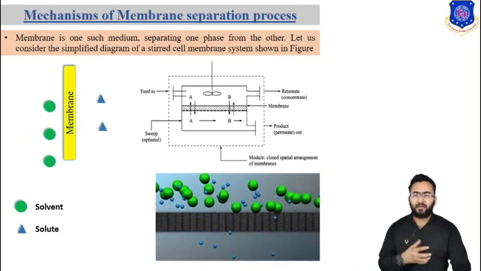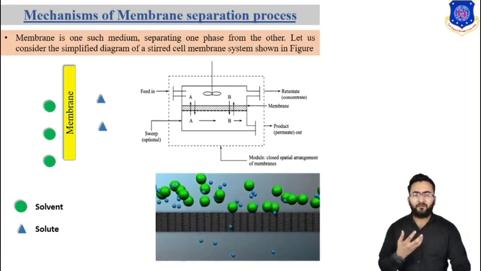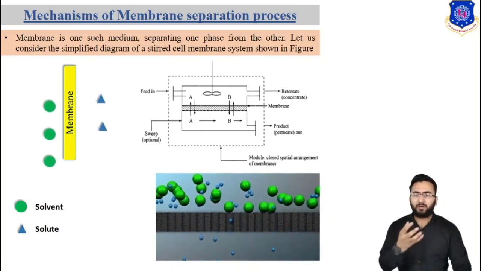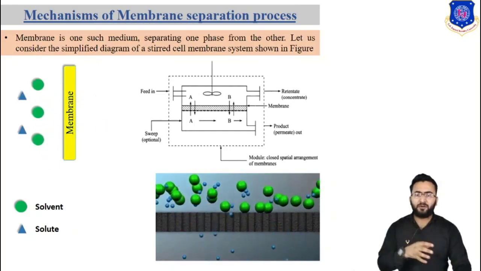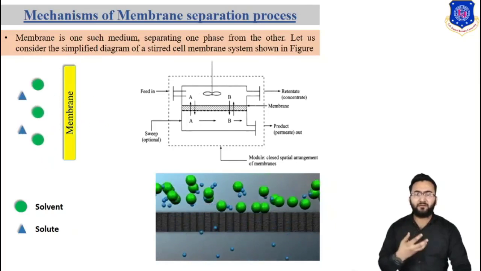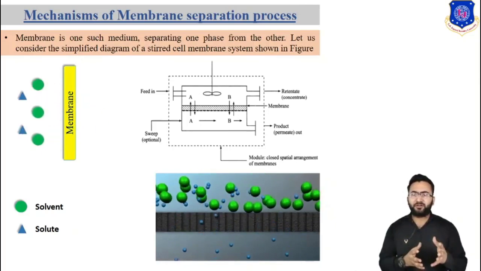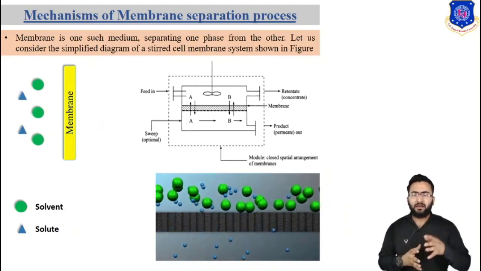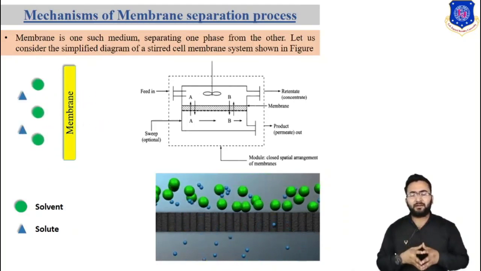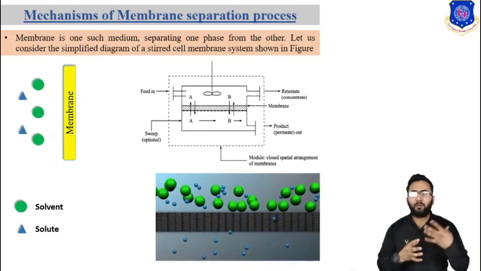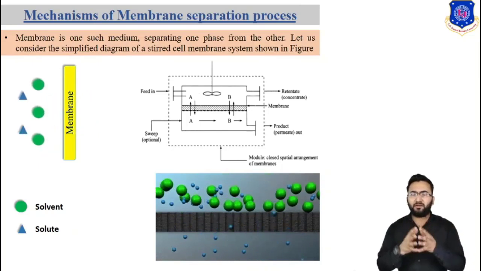On the other hand, if separation is based on a difference in transport rate through some medium under the influence of a driving force resulting from a gradient in pressure, concentration, temperature or electric field, it is termed a rate governing separation process, and all membrane separation processes are based on rate governing separation.